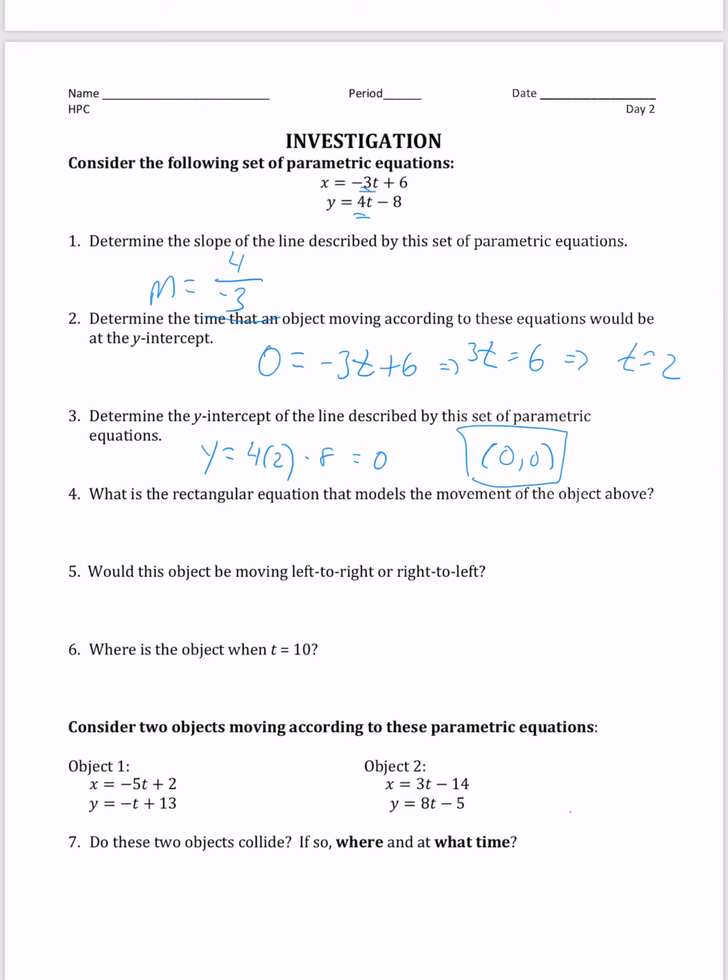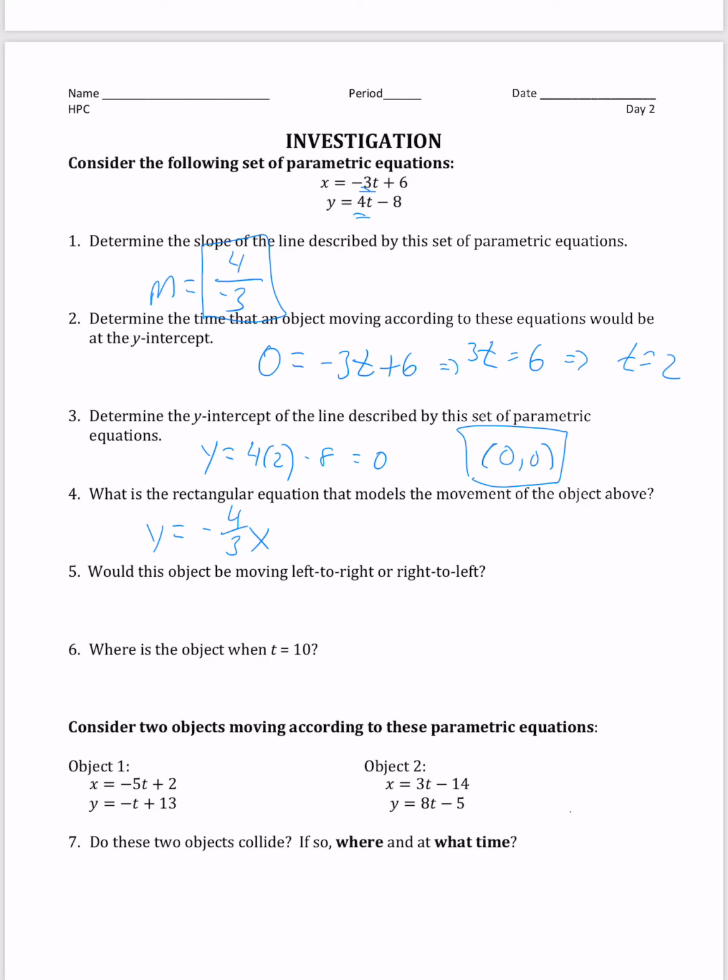We have the slope. Well, if you have the y-intercept and you have the slope, slope-intercept form, y equals mx plus b, seems to be the easiest one to do. So in this case it would be y equals the slope times x plus b, which is 0, which you don't have to write. So that would be the rectangular equation that models the movement of this object. This is your y equals mx plus b.